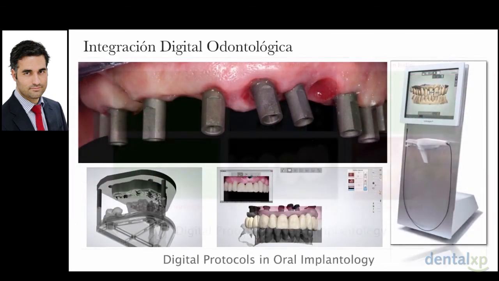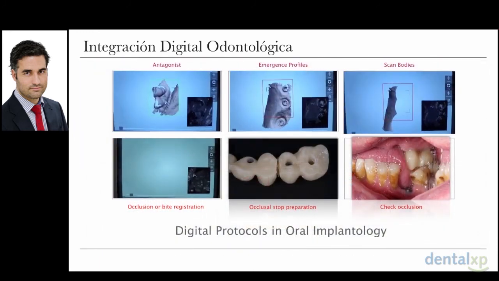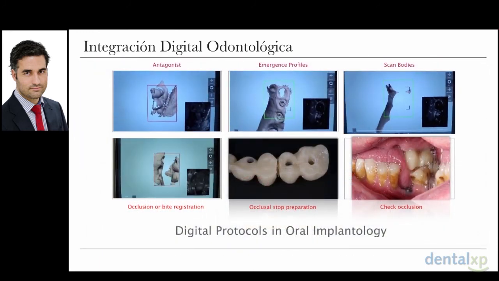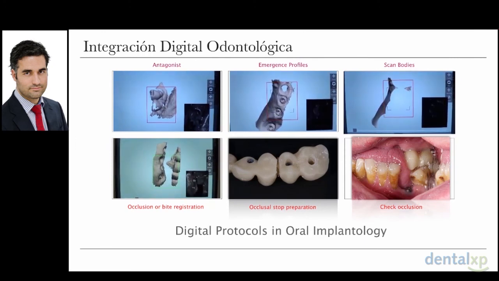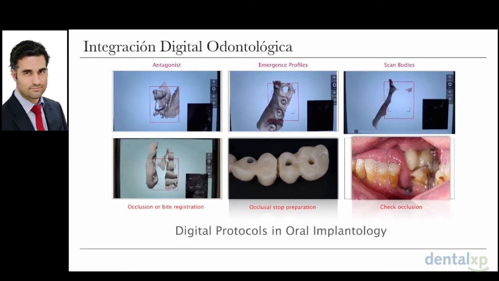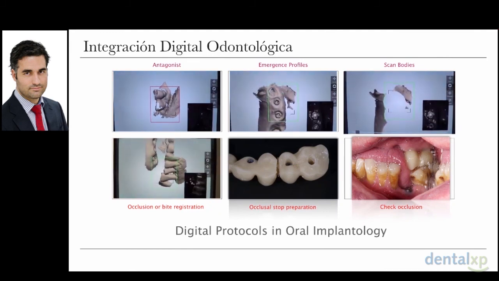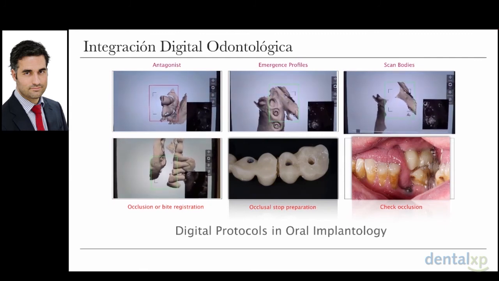And there are some doubts, and the first doubt is how I can get the occlusion or the bite registration of this case. Okay, I did all the protocol that you saw before, the antagonist, emergence profile, the scan bodies, but how can I do the occlusion?